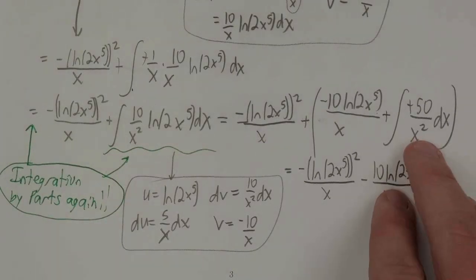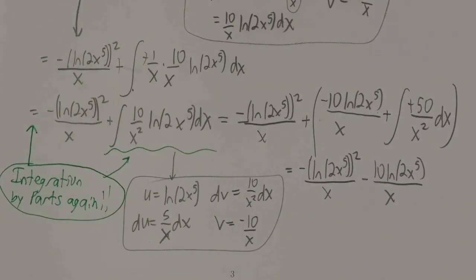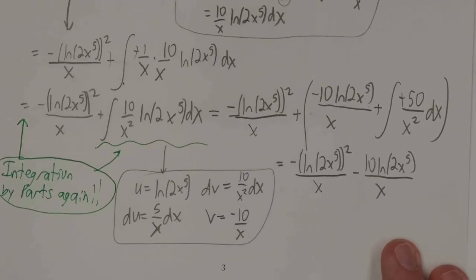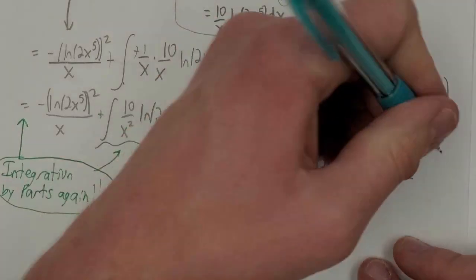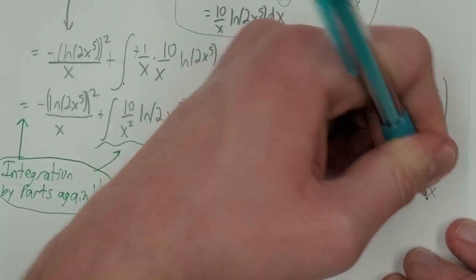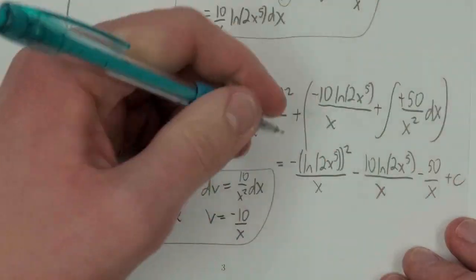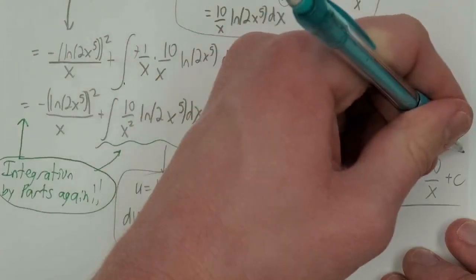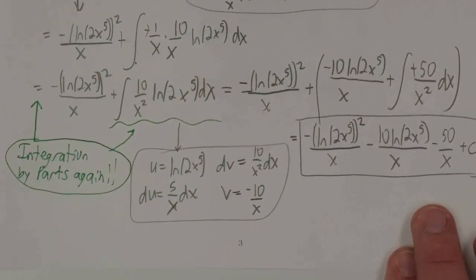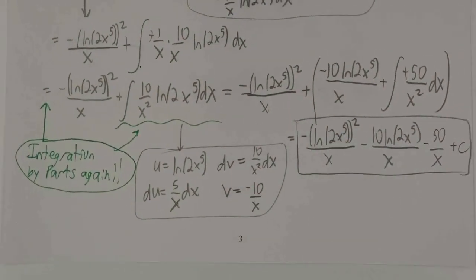So what is the antiderivative of 50 over x squared? Negative 50 over x, yep. And then we're done with our integration, so now we just add plus c. Okay? And that's part 2c.